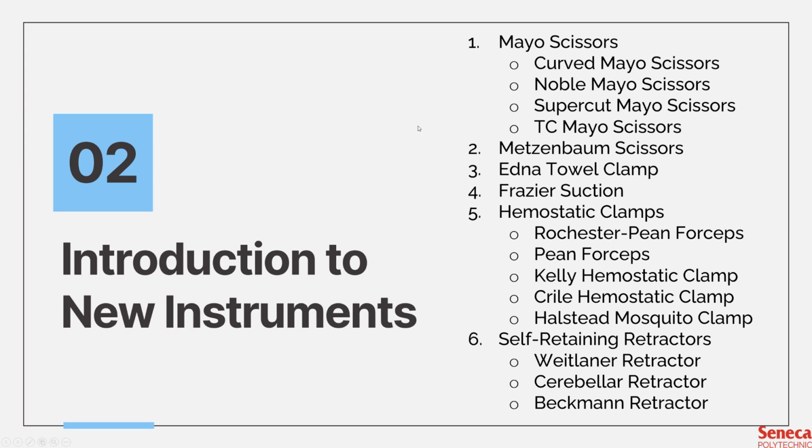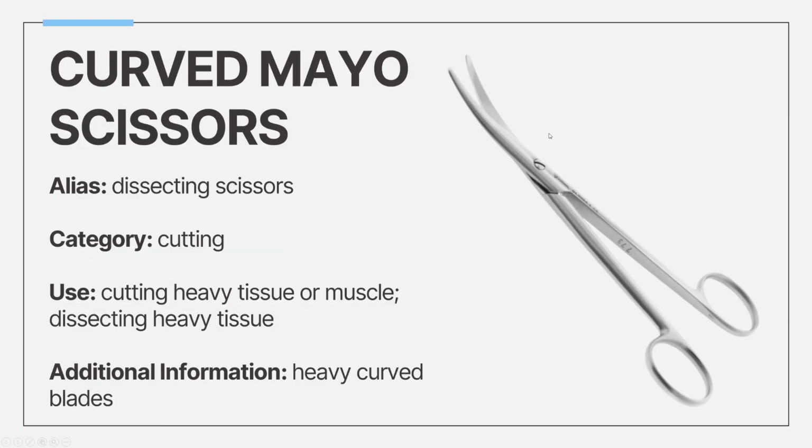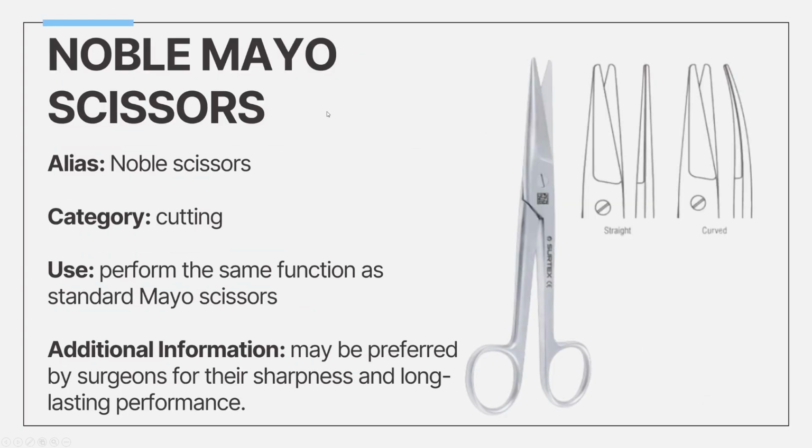So any scissors, be it Mayo scissors or Metzenbaum scissors, could actually be supercut or made of tungsten carbide. And then we have a Noble Mayo scissors, which if you look closely has a slightly wider shank and blade, right?